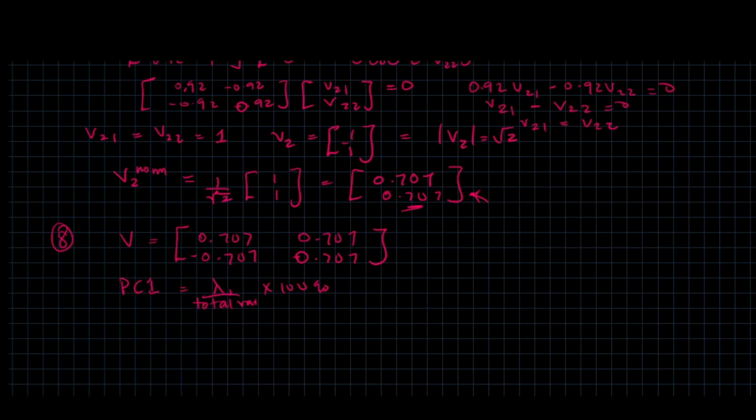The total variance is simply lambda 1 plus lambda 2, which is equal to 2. So it's going to be 1.92 over 2 times 100%, which is equal to 96%. And for PC2, it's going to be lambda 2, 0.08 over 2 times 100%, which is equal to 4%.